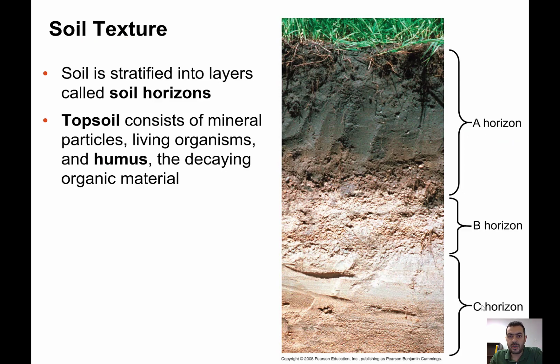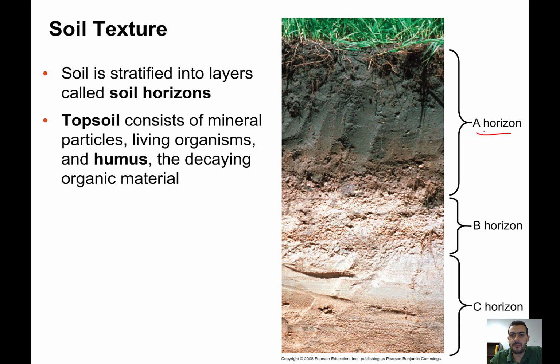So the topsoil is rich in all of these components, and that's why it is one of the most important horizons. The type and the distribution of these horizons reflect the bedrock underneath and the accumulation of materials over time. Starting with the topsoil, we can see that topsoil actually varies from one soil to another.